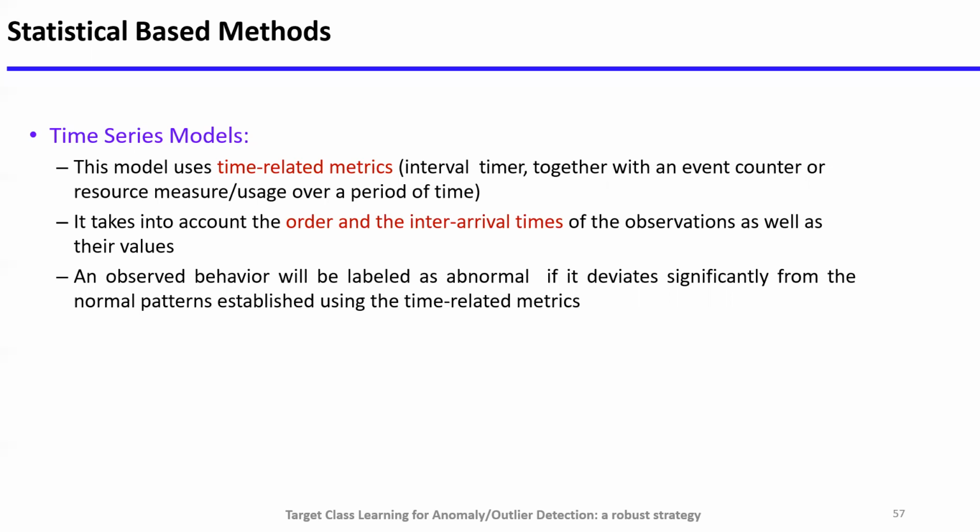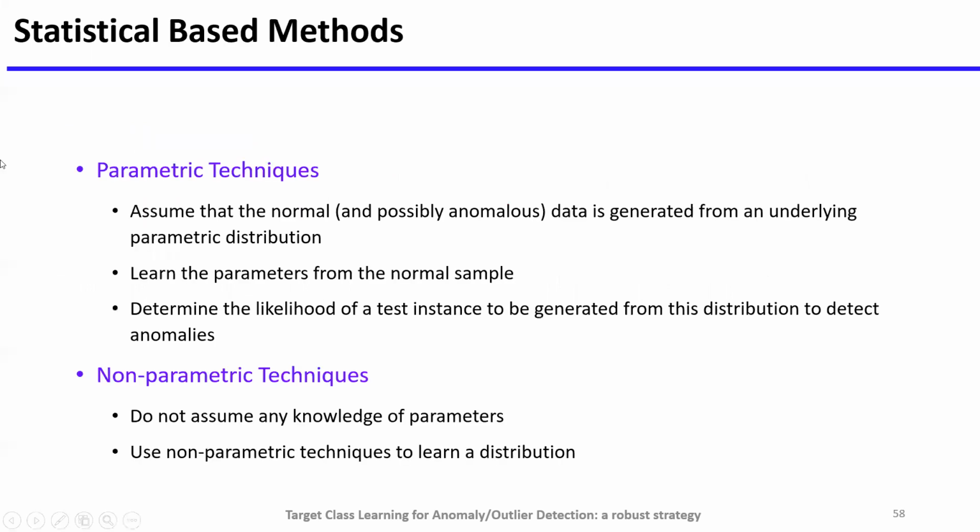Here, any observed behavior will be labeled as abnormal if it deviates significantly from the normal pattern, which is established with the help of the time-related metrics. We can also see statistical based anomaly detection techniques in two categories: parametric techniques and non-parametric techniques.